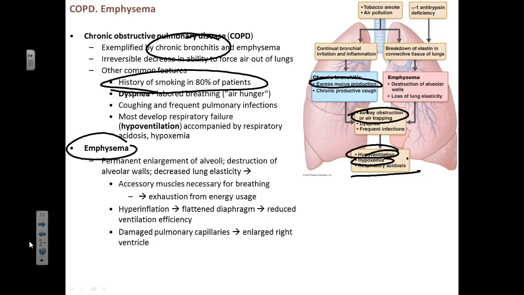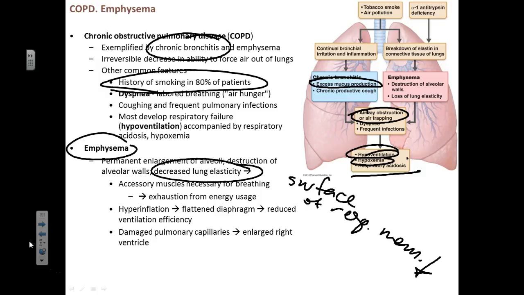So, in case of emphysema, the walls of alveoli collapse, alveoli become larger, the surface area of the respiratory membrane decreases. Okay, lungs become less elastic, so lung compliance decreases.